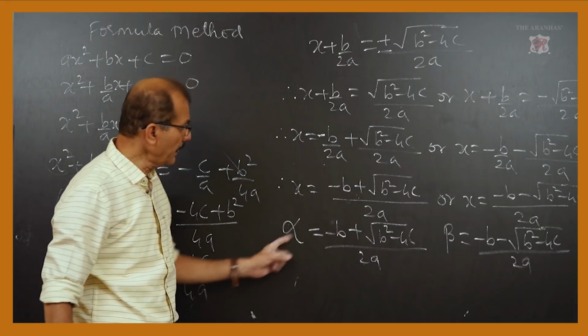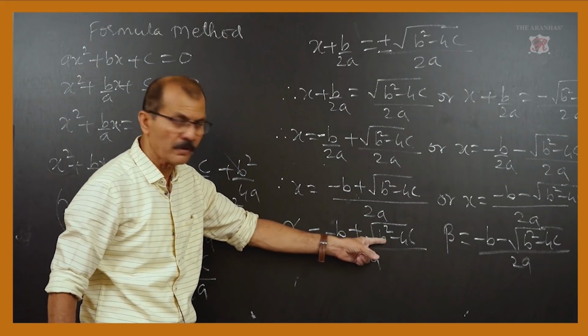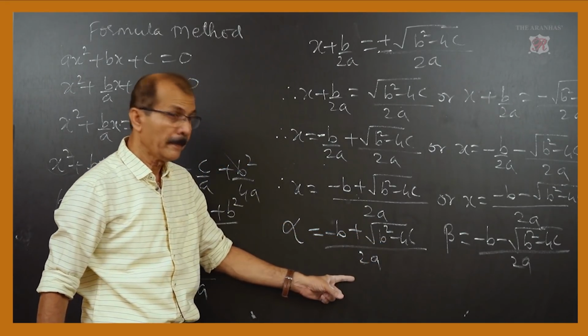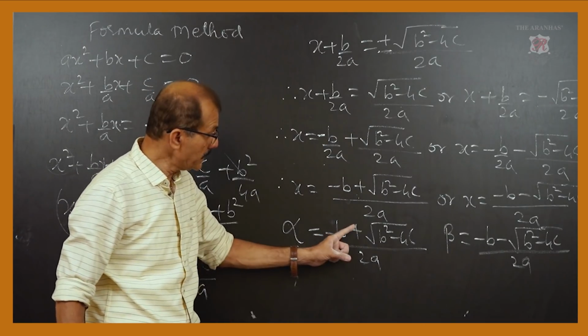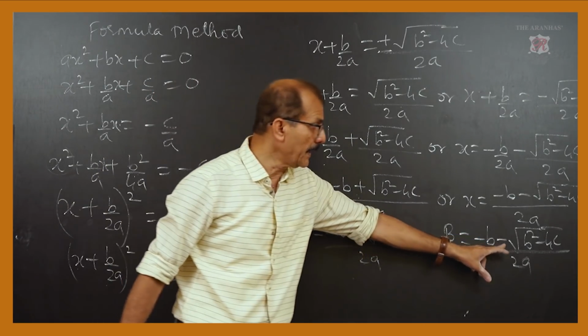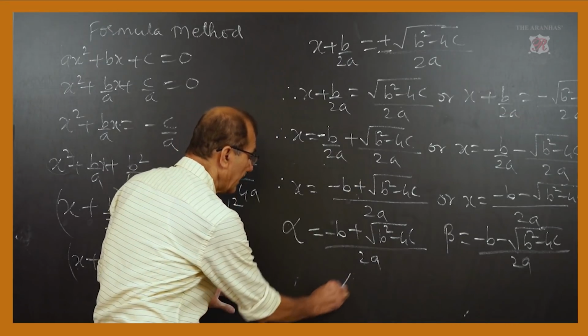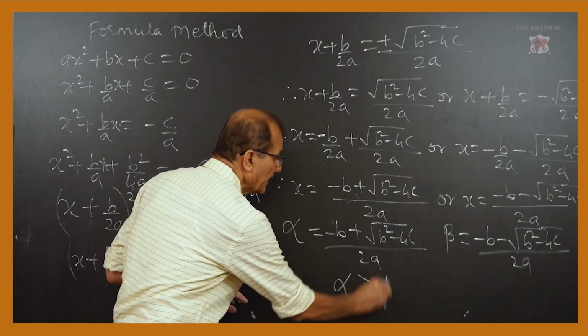So if you take alpha as minus b plus root of b square minus 4ac upon 2a, in this case, since it is plus here and it is minus here, alpha will be bigger than beta.